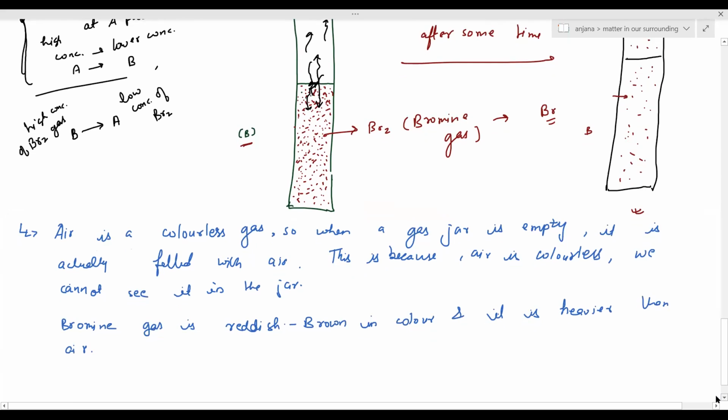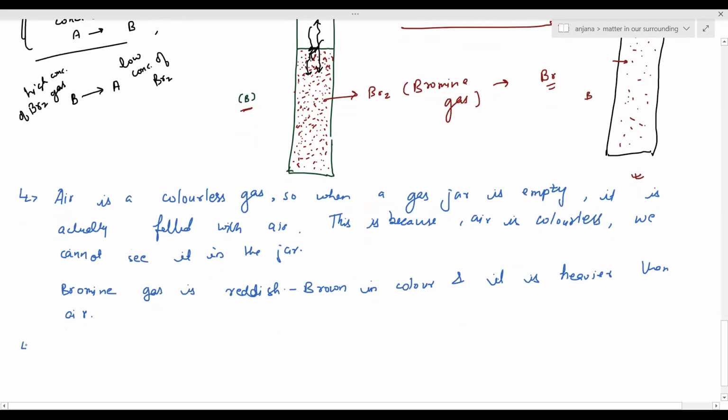Next point, after some time, the reddish brown bromine gas spreads in both the jars, like the upper part and the lower part, A and B part both.